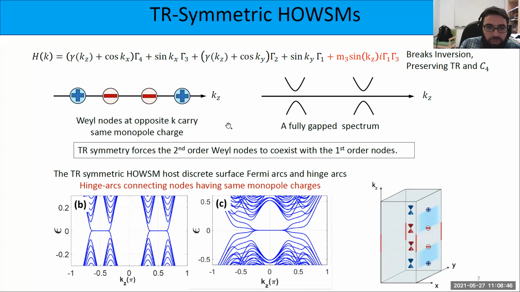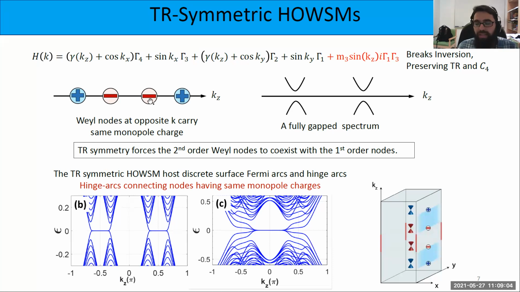But one thing that I would like to stress here is that if you look at the boundaries of this particular time reversal symmetric case, you will see that the surfaces have regular Fermi arcs connecting the minus to the plus or plus to the minus on the surface. But on the hinge, you will see they are connecting two minus.